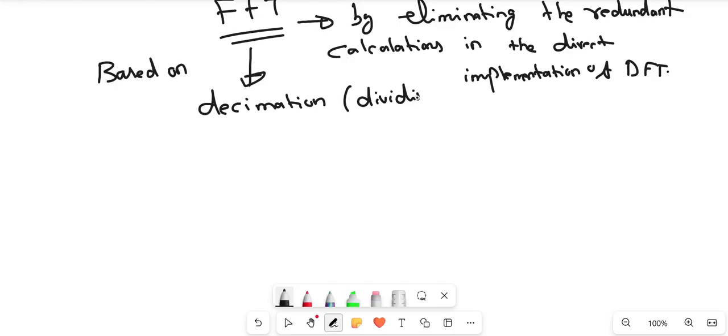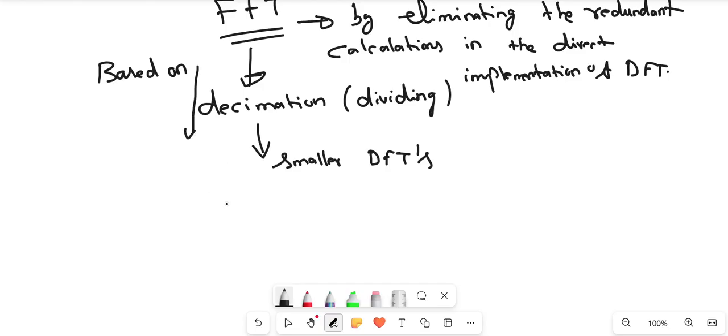So the N-point DFT is decomposed into smaller DFTs, decimated.